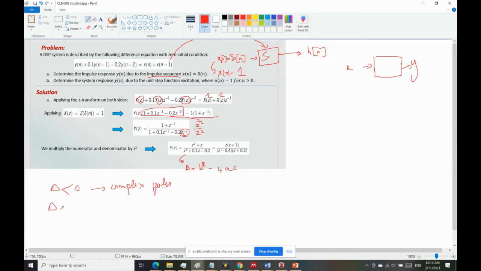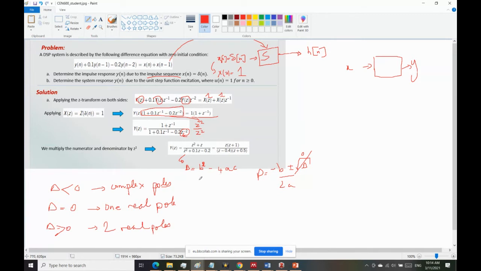If delta is 0, then since the formula for the poles is minus b plus or minus the square root of delta over 2a, when this is 0 the square root goes to zero, so there is one pole, not two, and it is real. So one real pole. If delta is positive, we have two real poles.